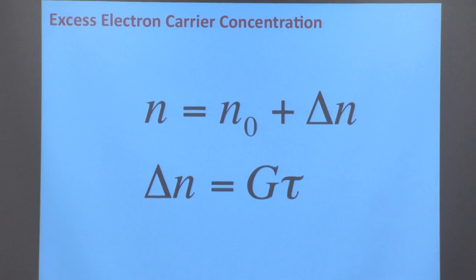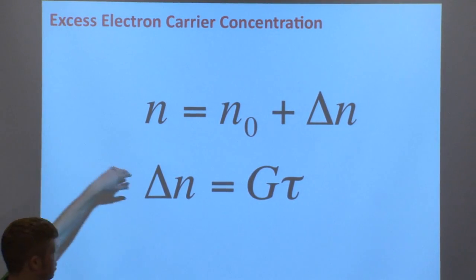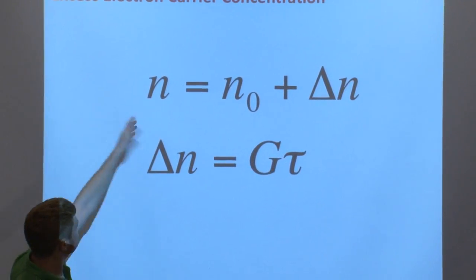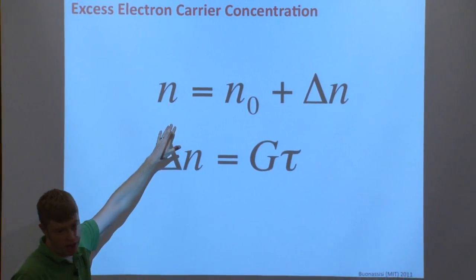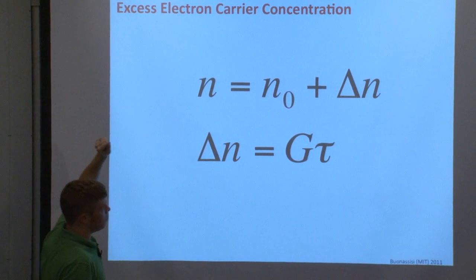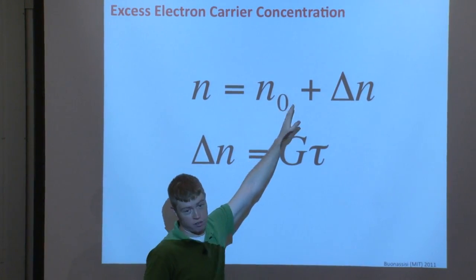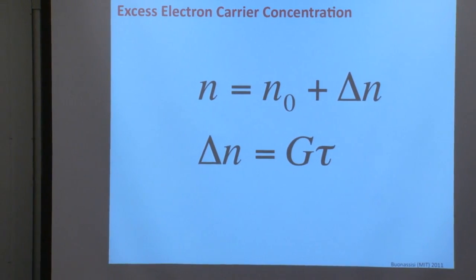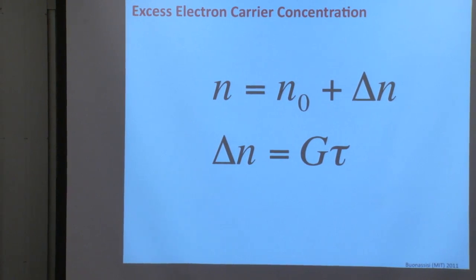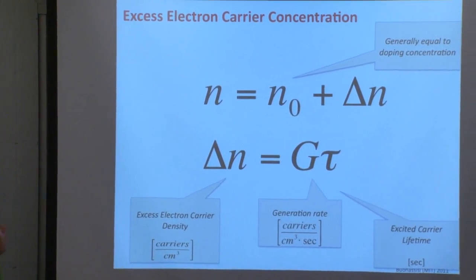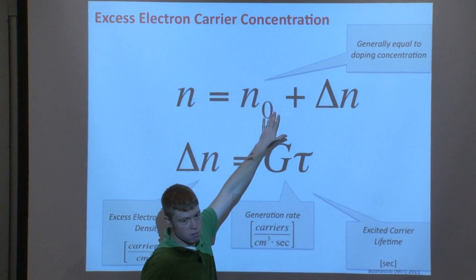So, OK. For n-type material, the number of mobile electrons you have is defined as n. N naught is very frequently your dopant density. Oh, these come up one at a time. Sorry, wrong direction. N naught is generally the doping concentration, right?